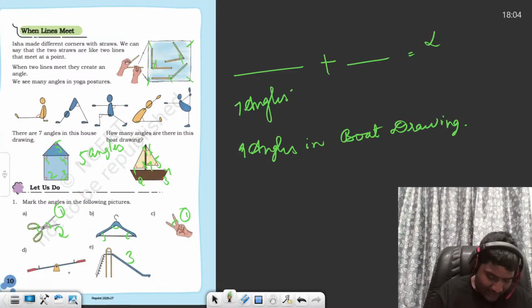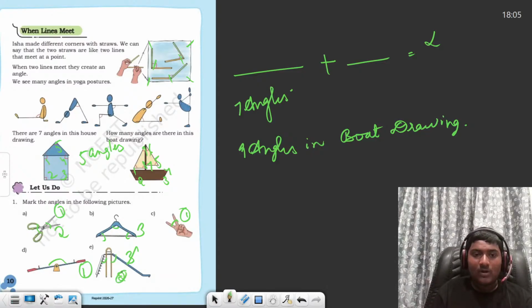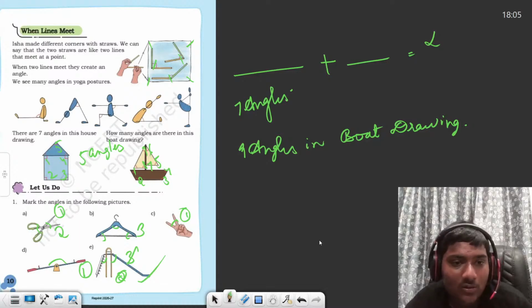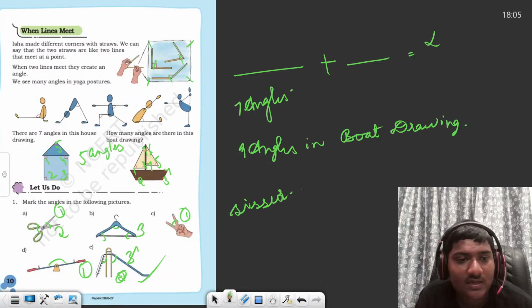And in it no angle, I think so. Yes, we have. We have one angle, children. So here we have one. This will be three here. And how many angles there? Here also there are 2 angles and this 5 angles. Okay. In scissor, two, children.